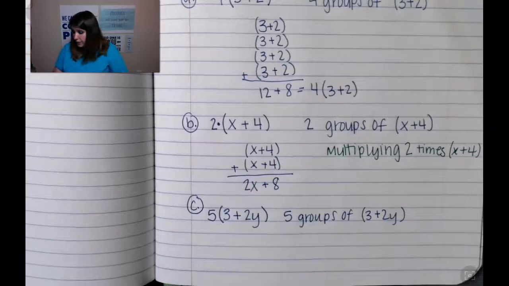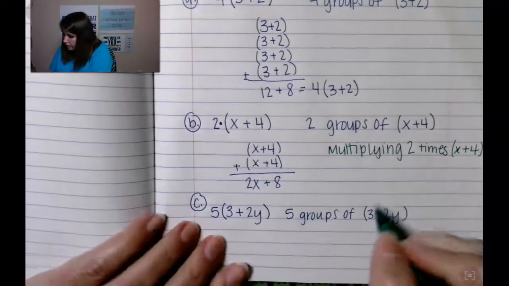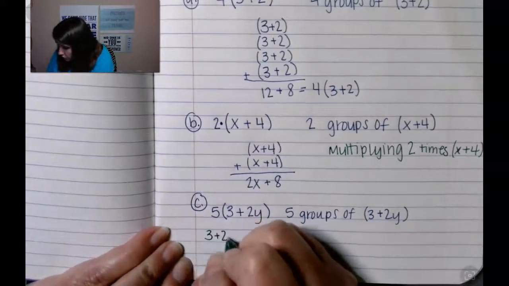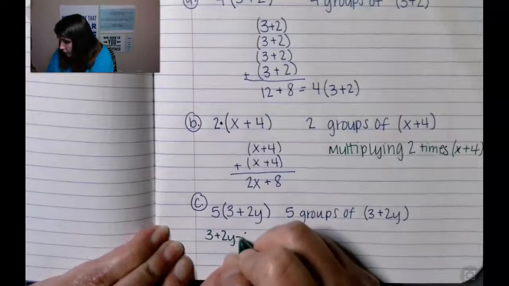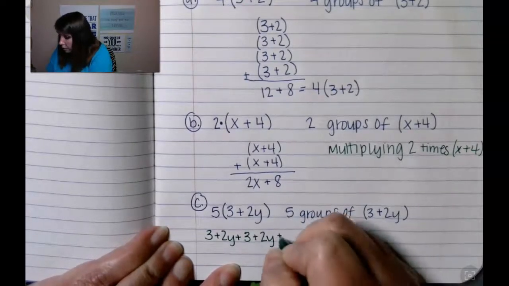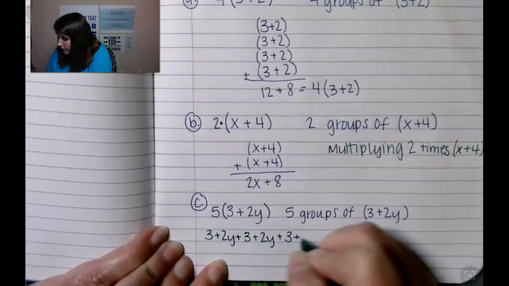So I could say 3 plus 2y plus 3 plus 2y plus 3 plus 2y.